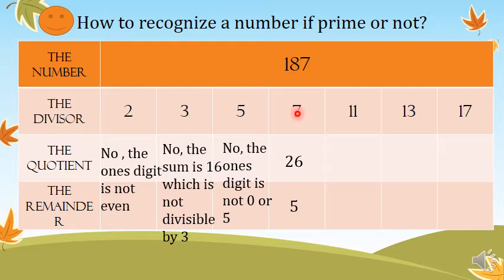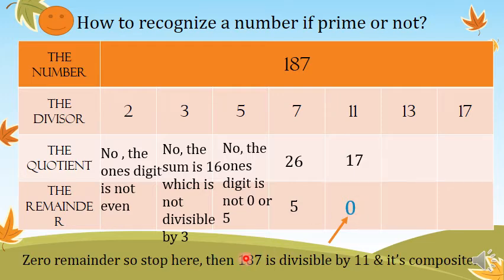After 7 I have 11. 11 is a prime number. 187 divided by 11 gives me 17 and the remainder is 0. So when the remainder is 0, I stop here. Then 187 is divisible by 11. So it's a composite number.